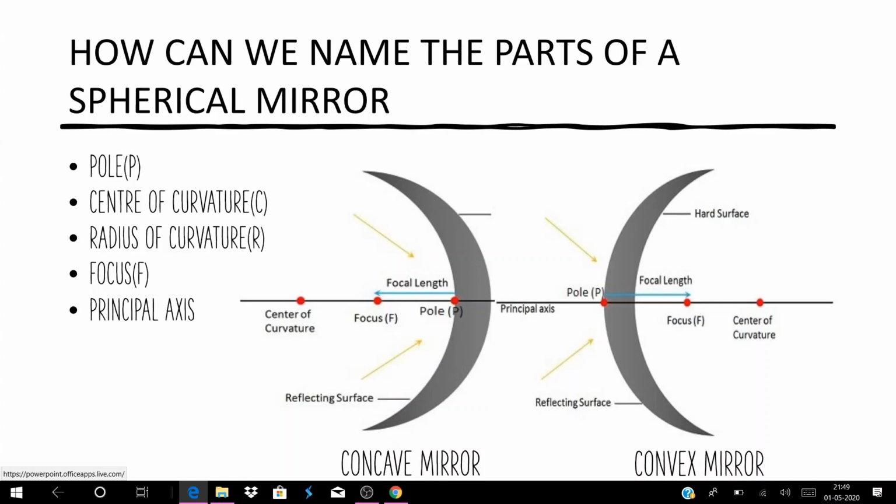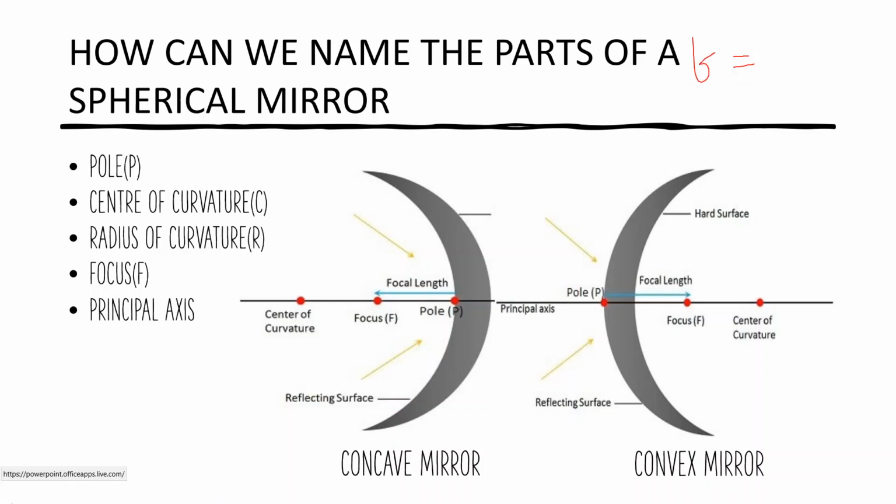They'll give you the question: the focal length of a mirror is equal to 3.5, and they will ask you to find the radius of curvature.